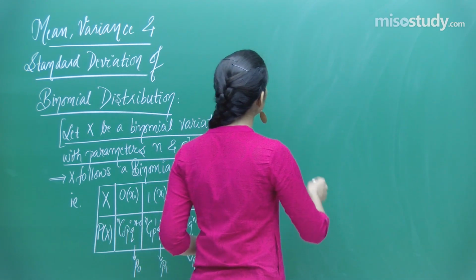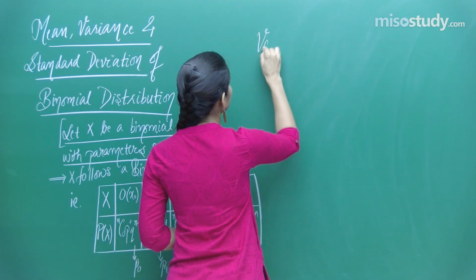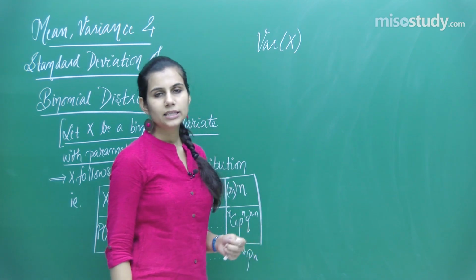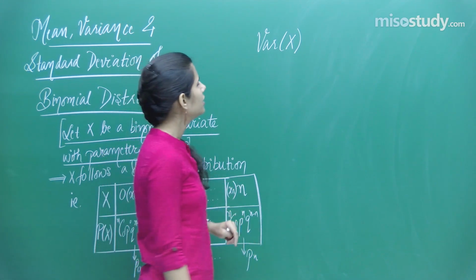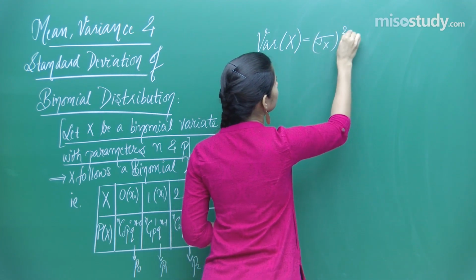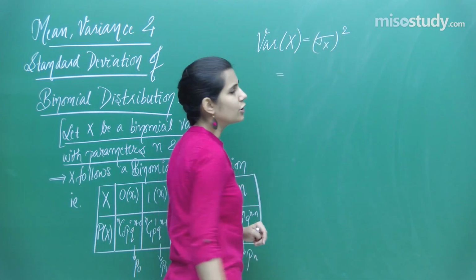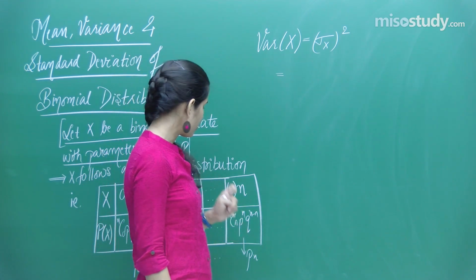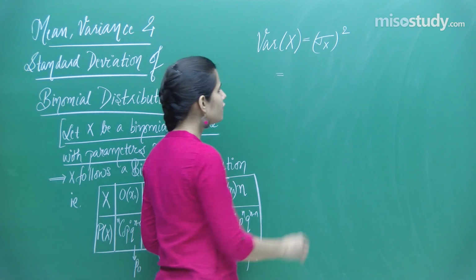So now, what will be the variance of X? Variance of X is also denoted like this. What will this be equal to? If you remember the very formula of variance for a probability distribution, because this is also a probability distribution, the same formula works.